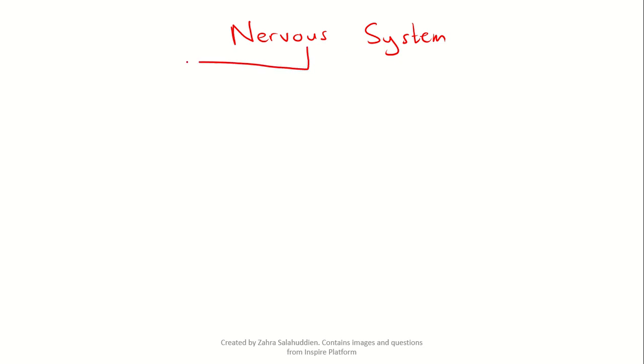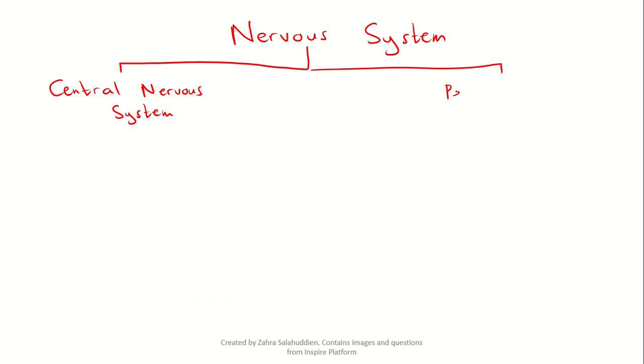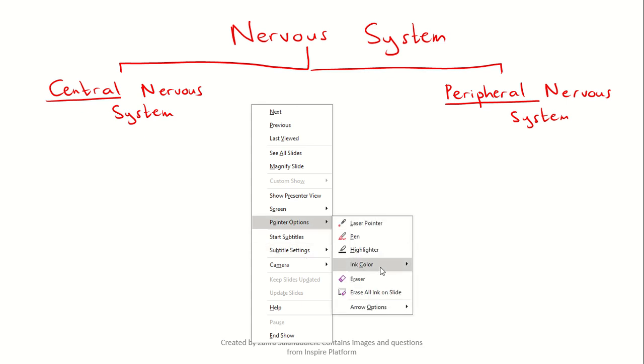The two parts it's made of are central nervous system and peripheral nervous system. Okay, if you can just remember the word nervous system, you will find it a little easier to remember the other two. The words on the end are repeated. So remember central, peripheral. Okay, I'm going to try and use two different colors to represent them so it's easier for us.